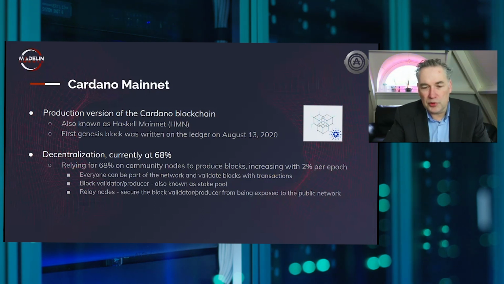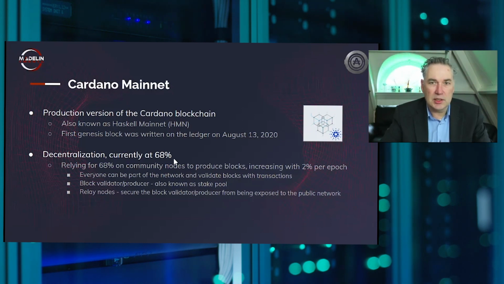We will tell a little bit later about what an epoch is. Basically, everybody can participate in the network and validate blocks with transactions. This is known as a block validator or producer, or what we call a Stakepool. Further, relay nodes play an important role, but I will show that in the next slide.